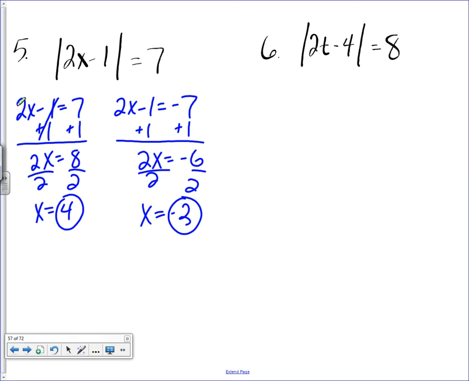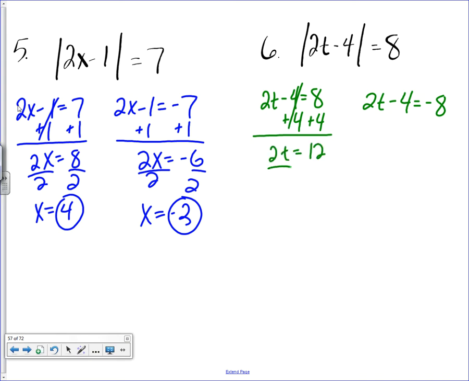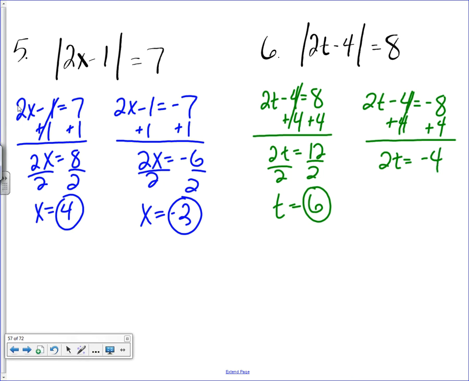We will go ahead and set up the positive version of this equation and the negative version of this equation. And those would be my 2 answers. Remember, you can always check these folks by going ahead and plugging those back into the original problem.